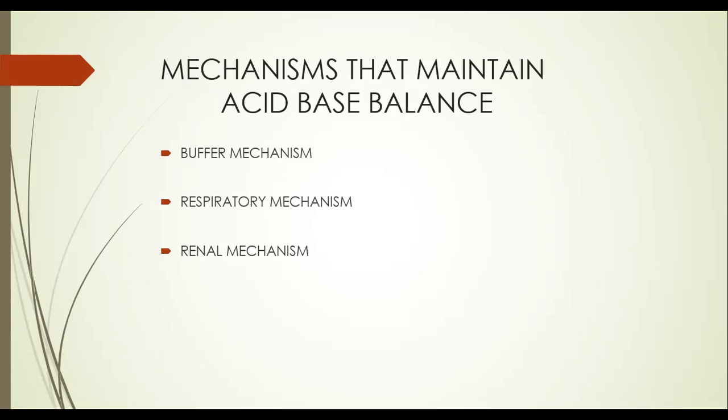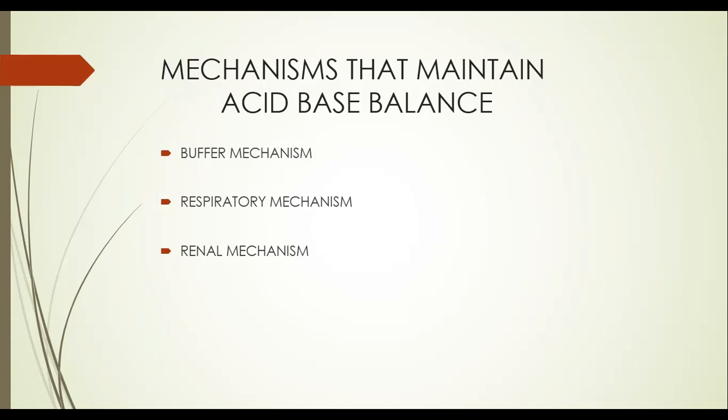So primarily due to any reasons, like kidney failure, respiratory arrest, or any conditions which alter the pH, when the body's pH is altered, the first line of defense mechanism that comes into action is the buffer mechanism, which is activated within seconds.